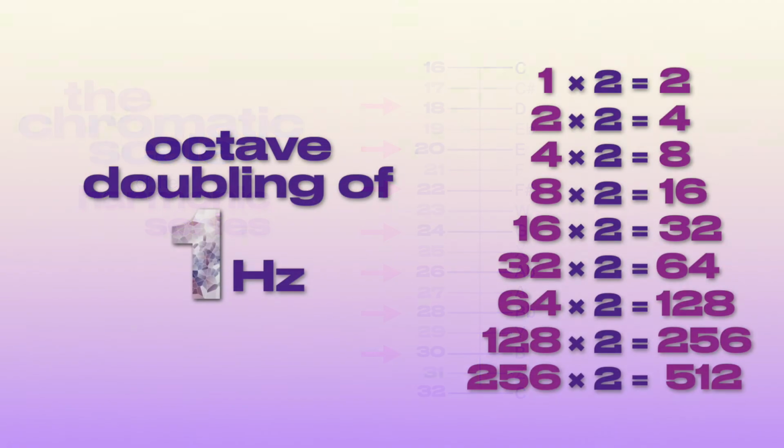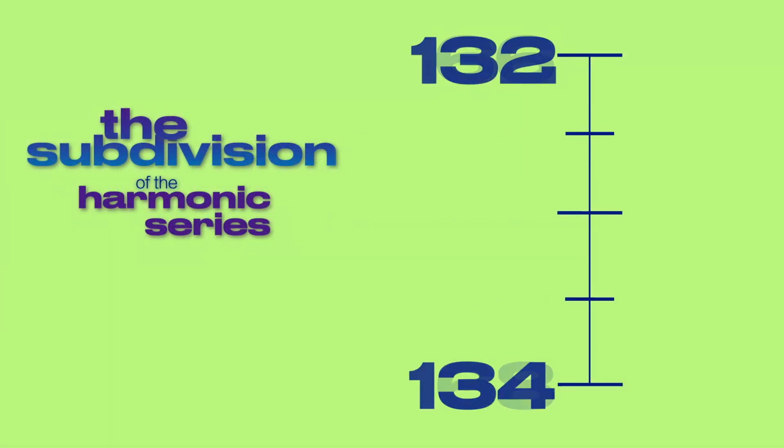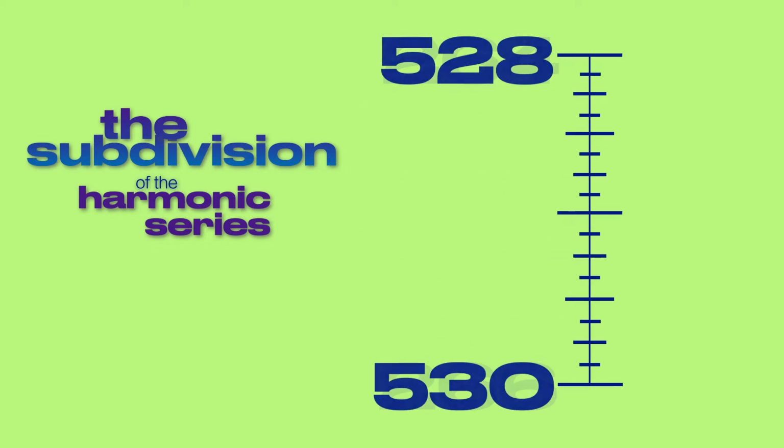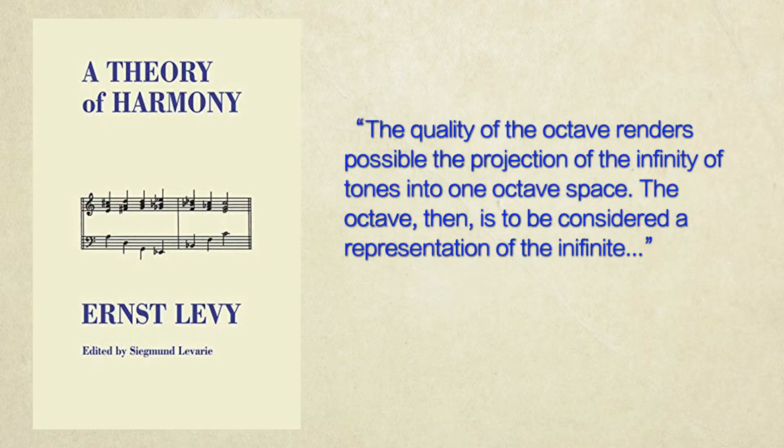This limiting nature of a previous supply is the creative tension between the outward movement of expansion, the power of 2, and the inward movement of division, the power of 3. Ernst Levy called the octave boundary a containment of an infinity of tones, but the boundary of the octave is not a limiting force.